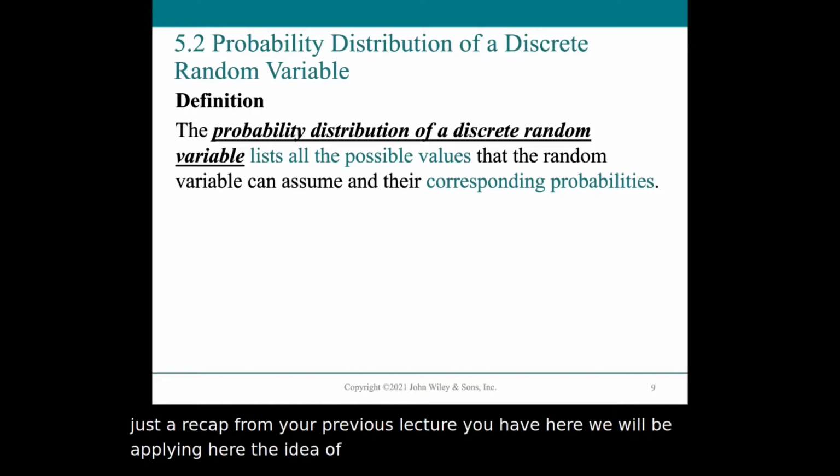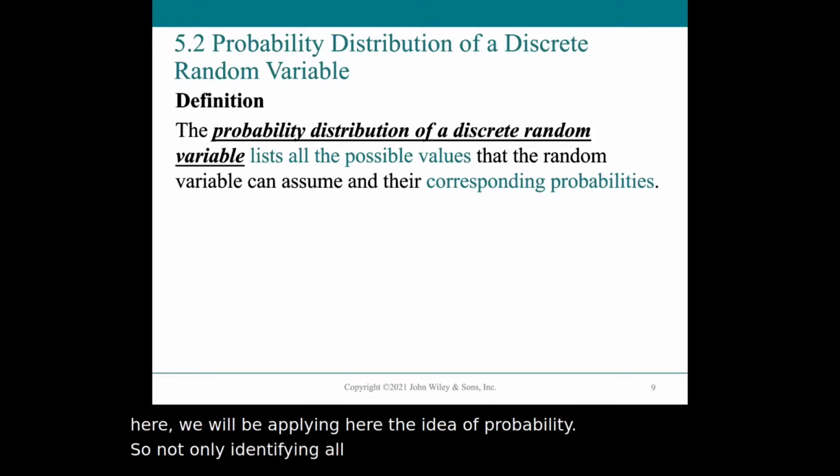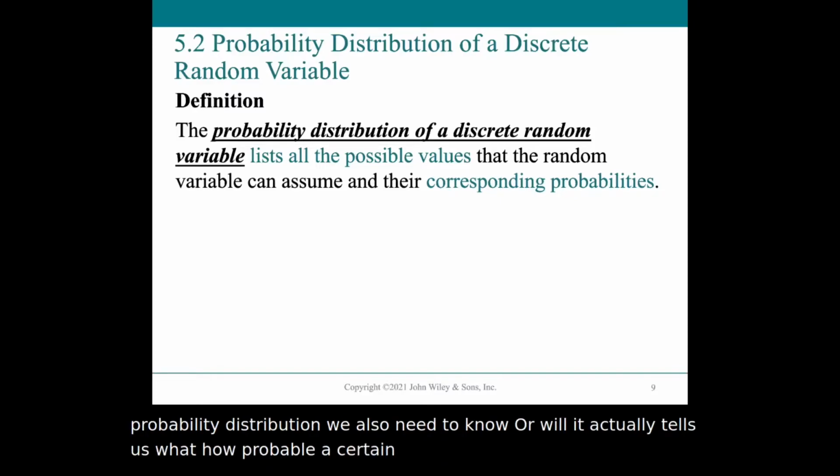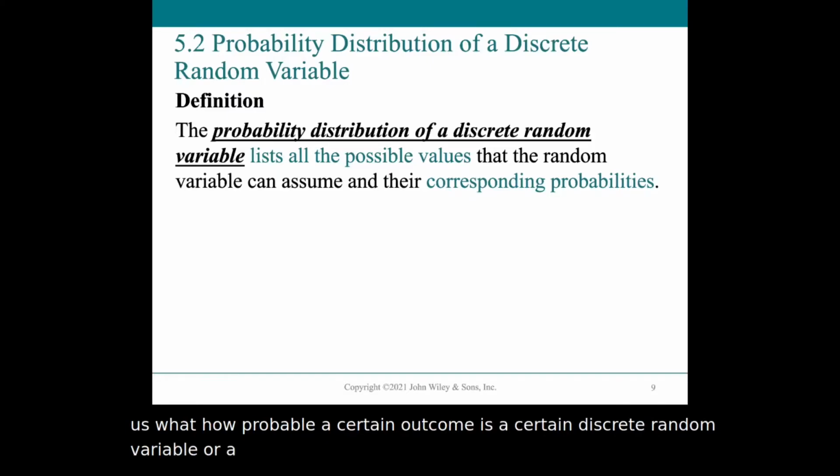So not only identifying all the outcomes, but rather, a probability distribution also tells us how probable a certain discrete outcome is. So that's your probability distribution.